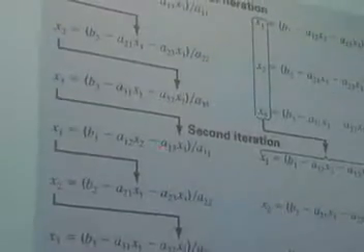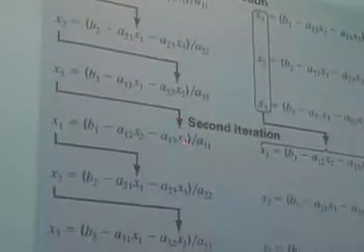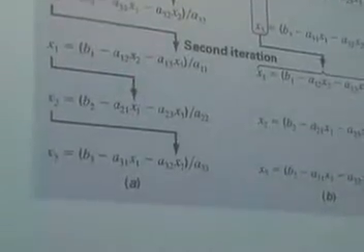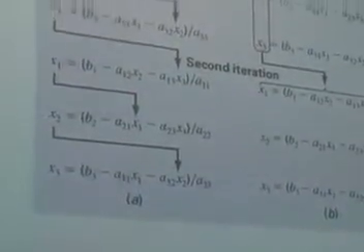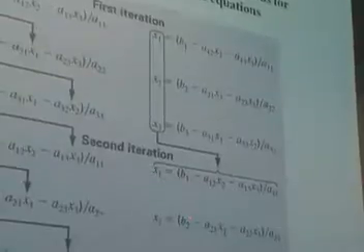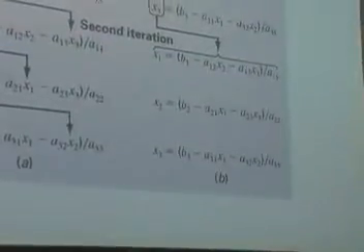We come down here, here's x3. We're calculating x1. Well, I think you can see the flow chart, right? Pretty evident right up here. See what happens. Here is x1, x2, x3. A is Gauss-Seidel, B is the Jacobi iterative method.